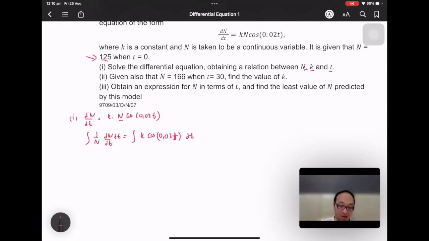On the left side, I will have ln N equals, on the right side, cos is integrated into sine, so K sine(0.02t) divided by 0.02, plus C.